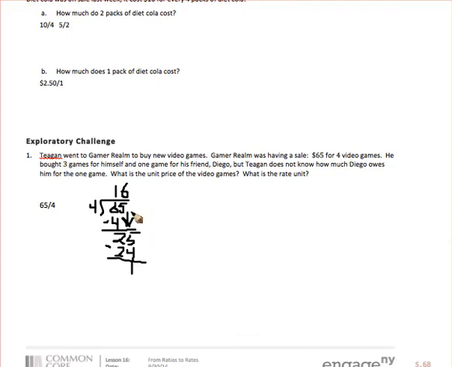And since this is money, we'll add a decimal point and a couple of zeros so that we can get the cents part of our answer. 4 goes into 10 twice. Don't forget your decimal point in your answer, which is 8. Leaving us with 2. Bring down that last 0. And 4 goes into 0 5 times.